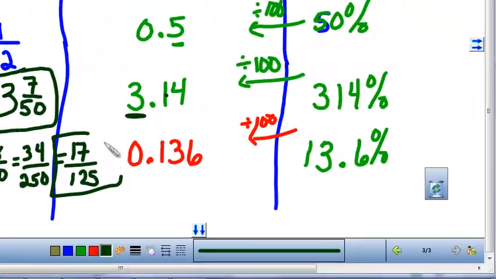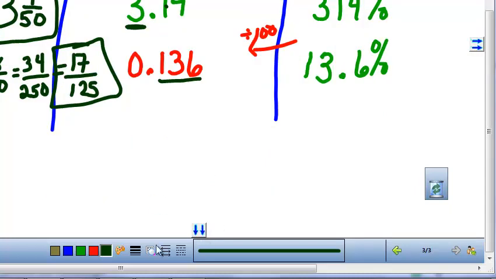So that one simplifies to 17 over 125. All right, so just be careful. Remember, when you have three numbers, it's going to go over 1,000. All right, let's try one more.